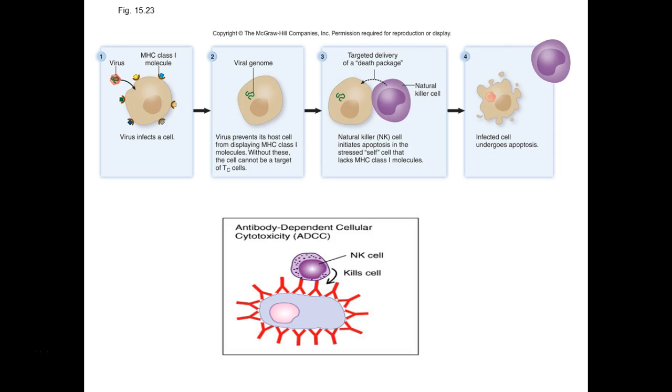So here, the virus gets in, and it actually shuts down antigen presentation by MHC class 1. So notice there's no MHC class 1 on the surface of this cell. When the natural killer cell comes along, and it doesn't see any MHC class 1, that's a sign that there's something wrong with that cell, because it's not doing what it's normally supposed to do, right?